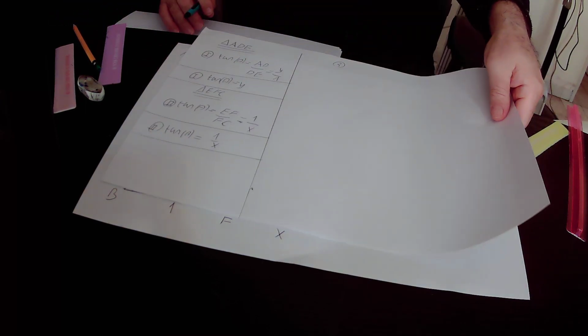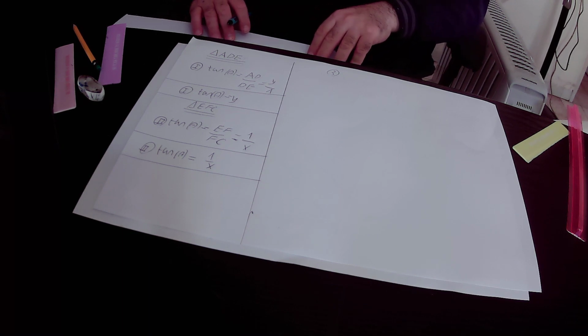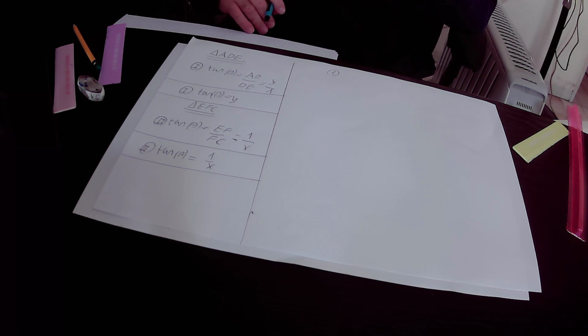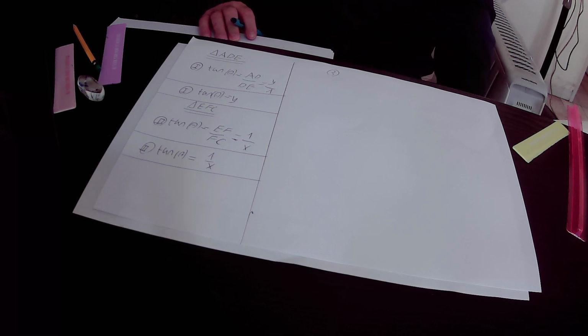I repeat again. According to equation number 2, in the right triangle, triangle EFC, tangent theta equals 1 over x. So we have two different expressions for tangent theta. Therefore, we'll create equation number 3 that states that tangent theta according to equation number 1 equals tangent theta according to equation number 2.